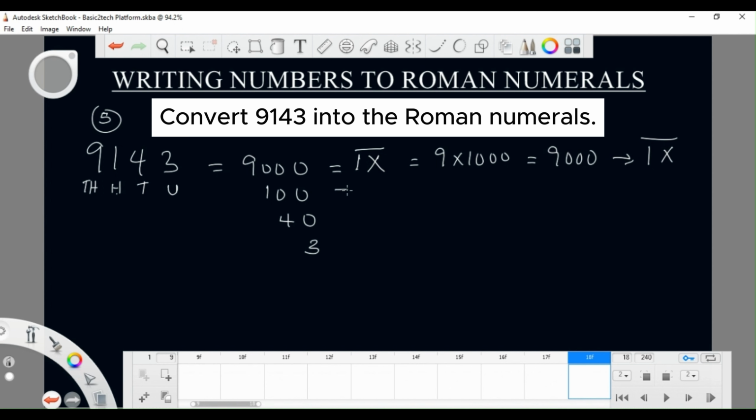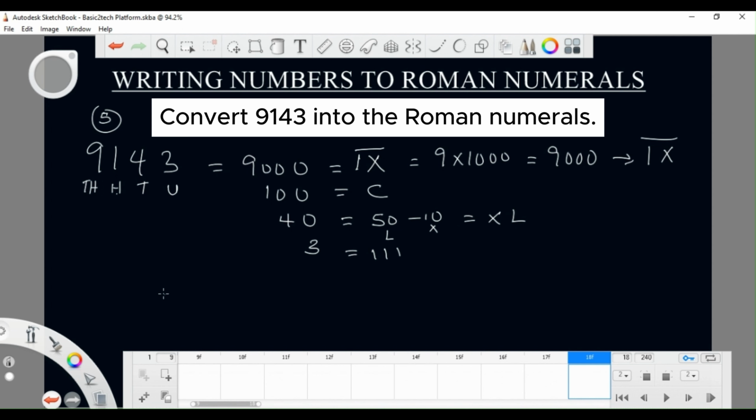Okay, 100 in Roman numerals is C. Now 40 is XL, or you can subtract 10 from 50. So we have XL, which is 50 minus 10. So 10 is X, 50 is L. Since we are subtracting, the small symbol comes first, so it's XL, and 3 is III.